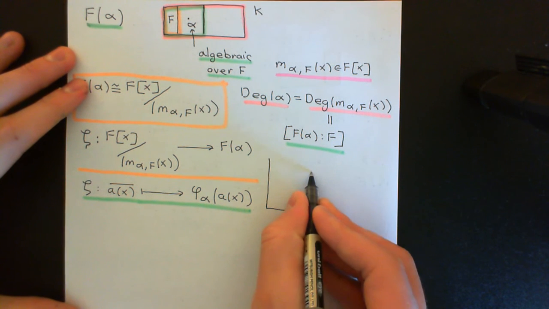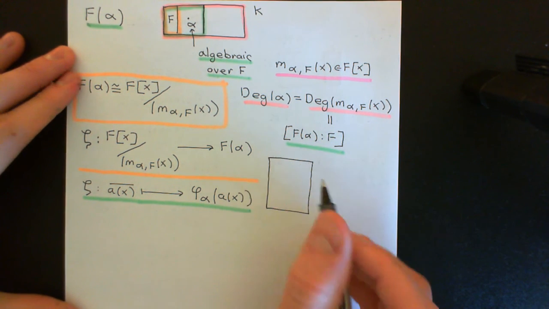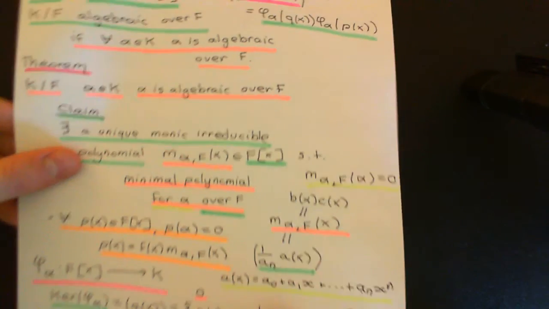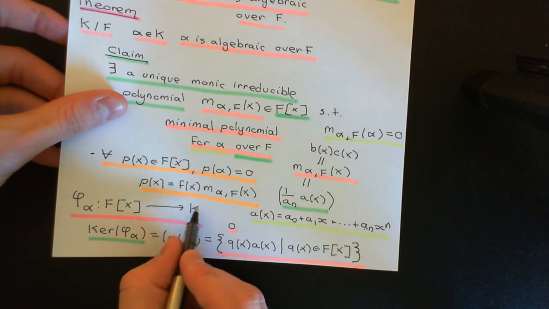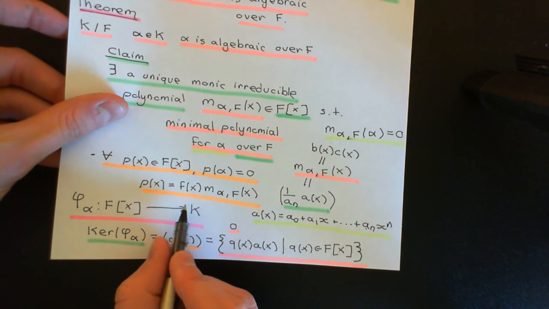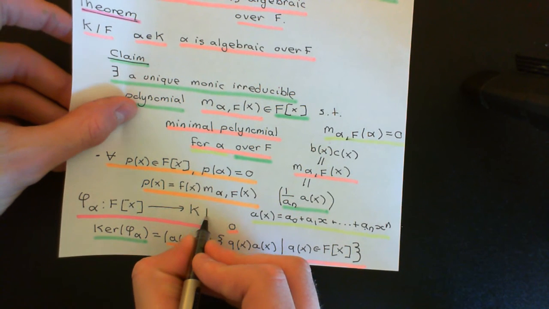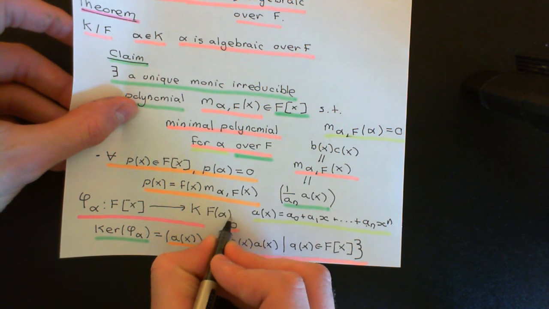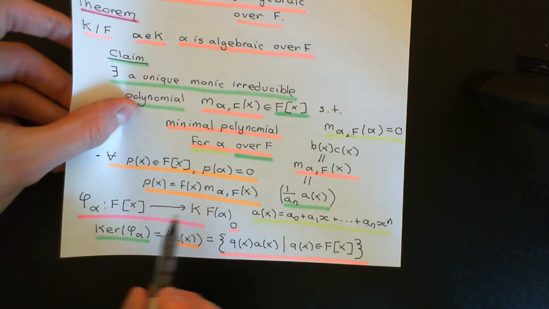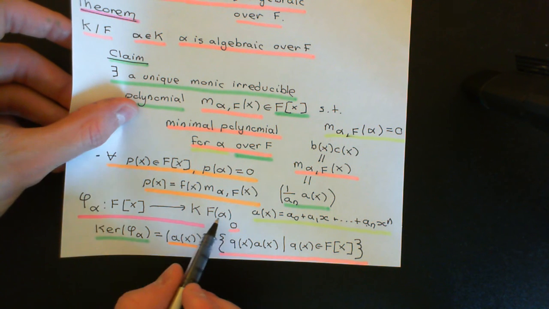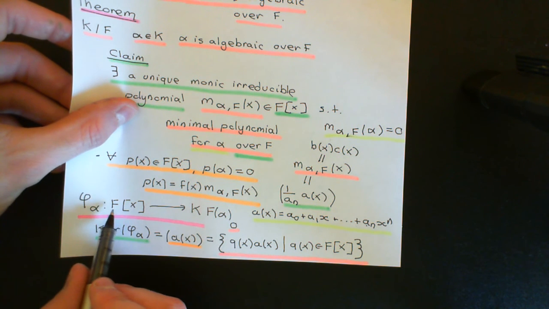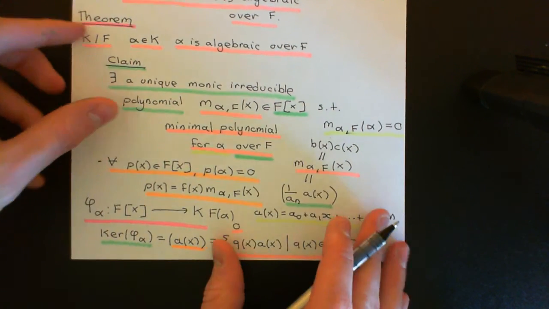Firstly, let's put on the evaluation homomorphism at alpha. We've talked about the evaluation homomorphism at alpha already in this video. What I'm now going to do is change the codomain field from being the entire field capital K to just being the field generated by alpha over F, because all of the answers that I get from doing this will be in the field generated by alpha over F. All we're doing is taking alpha to certain powers, multiplying those powers by elements of the field capital F, and then adding them together.